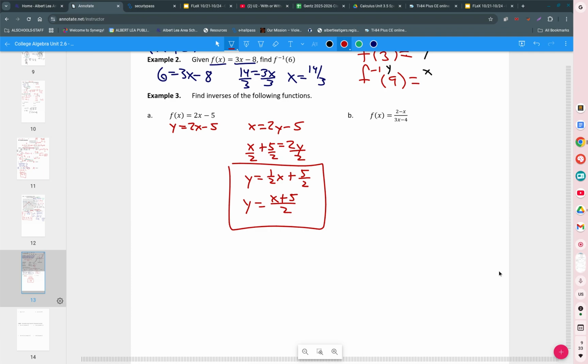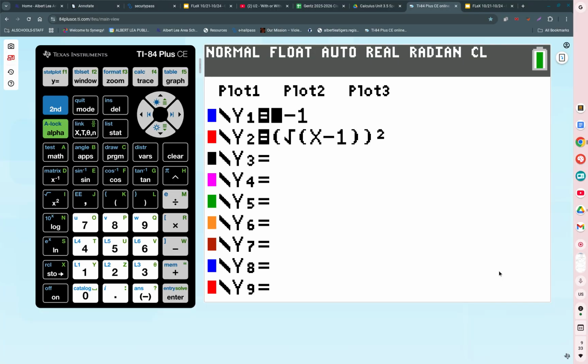Go ahead and take out your graphing calculator. I think that this is the coolest part of this piece. I really, really do. I like it a lot. Type in 2x minus 5.